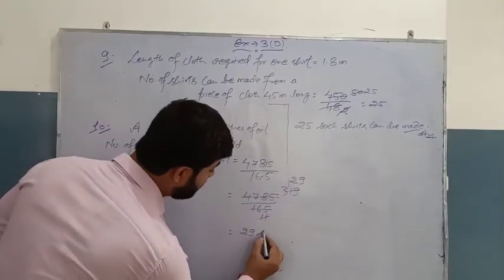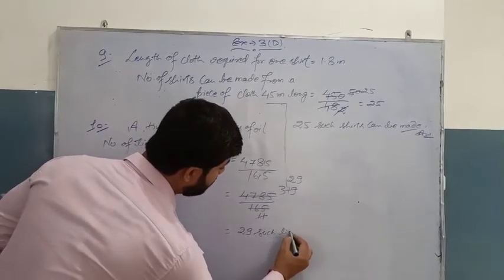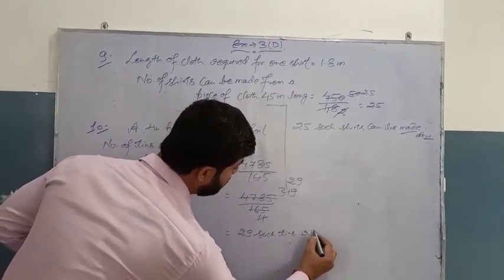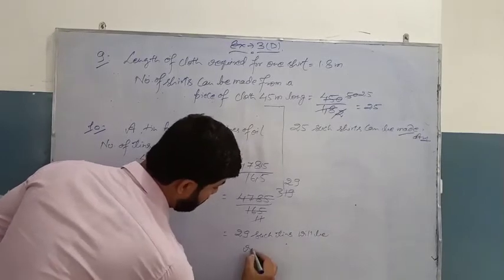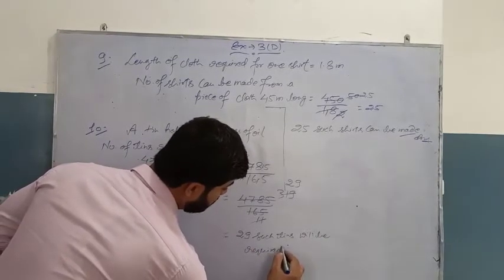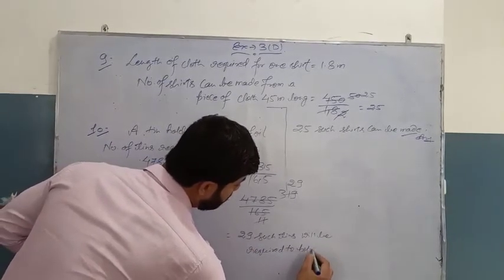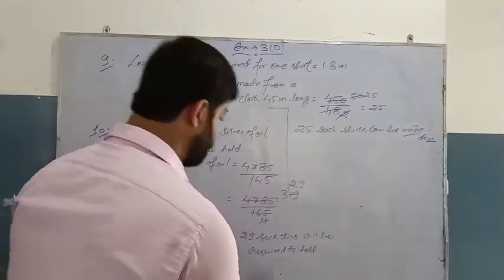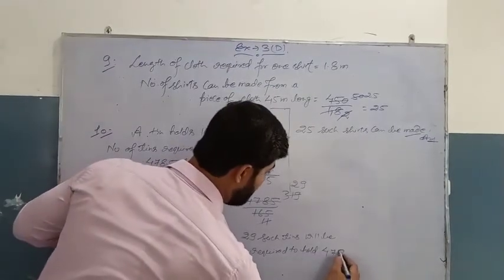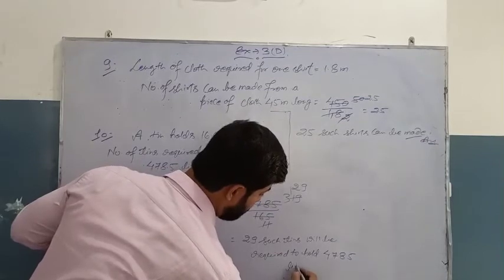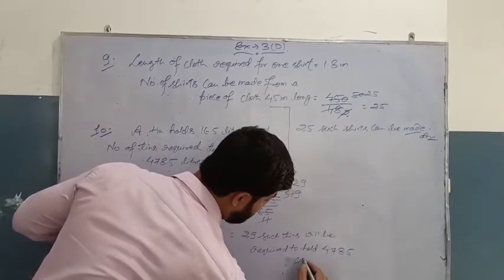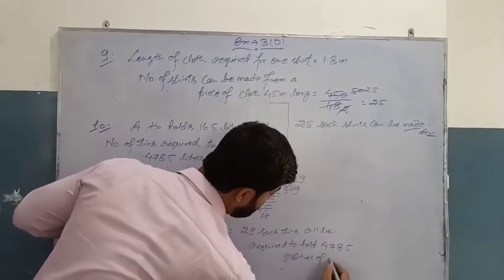So 29 such tins will be required to hold 478.5 liters of oil.